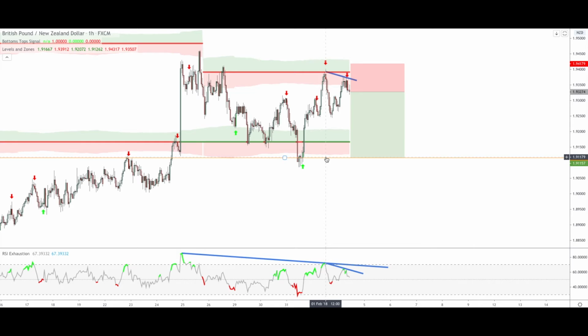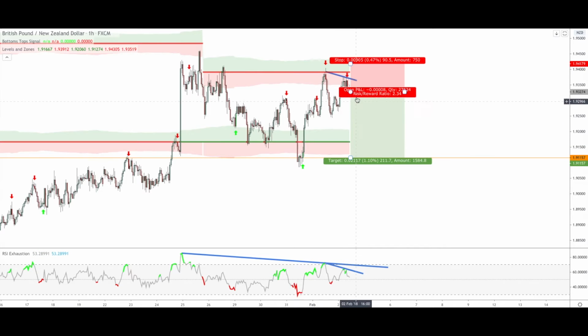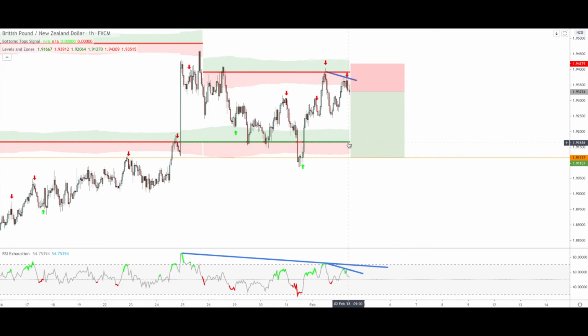The only concerning thing is this support level here, which is a major level, and I'm expecting that if the price comes down as we are expecting, then it might slow down and find some difficult times to break down this major support level here.